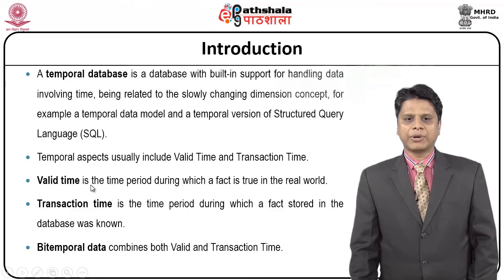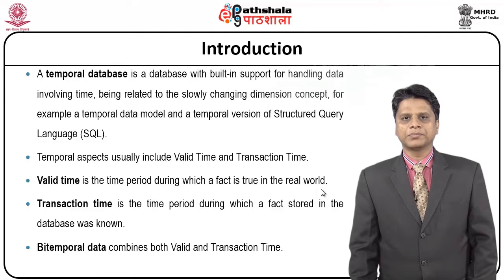Valid time is nothing but a time period during which a fact is true in the real world, meaning that there can be a record which can be updated on the real world, any event happening. Say for example, a child is born on a specific date, say 17/2/2017, but then the child's transaction has been updated only on 18/2/2017.